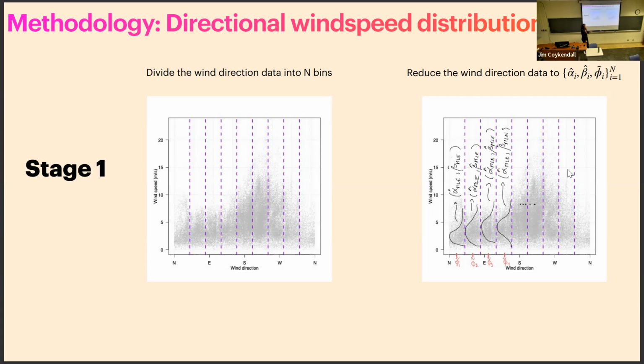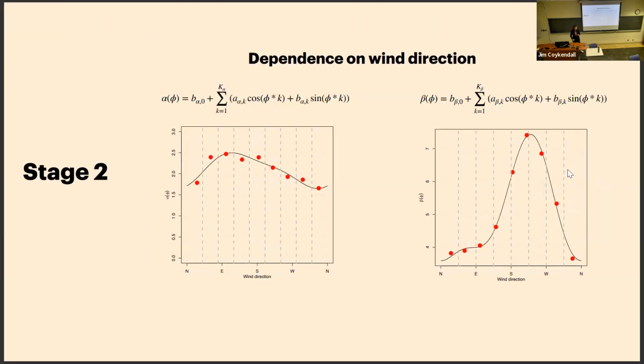So in this stage, we reduce the wind speed and wind direction data to the parameter estimates of each of these distributions and direction medians for each of these bins. So this gives us a new set of data that we can use to construct the dependence of the parameters on wind direction.